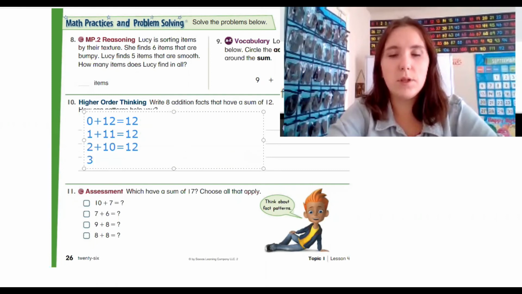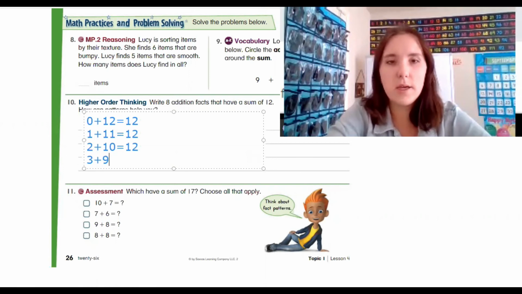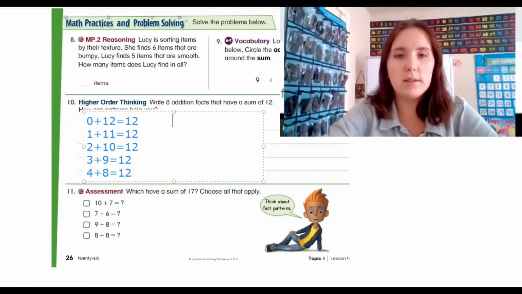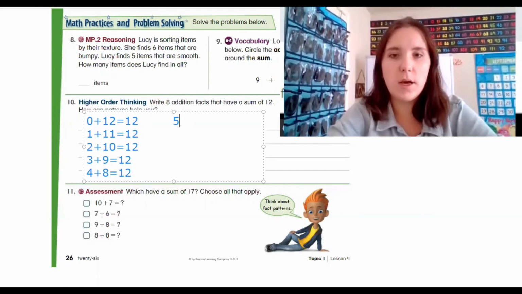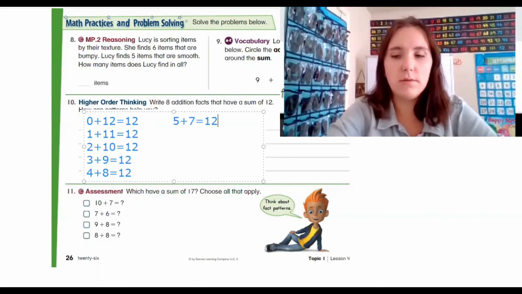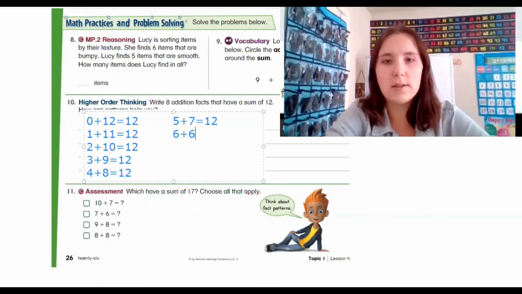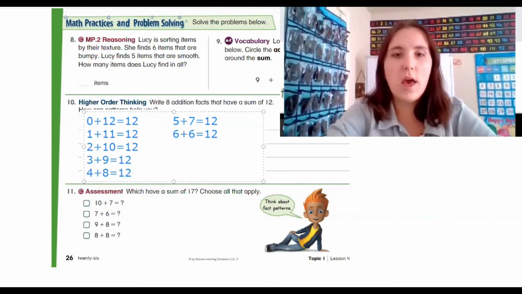And 3 plus 9 equals 12. And 4 plus 8 equals 12. And then, let's see, I know 5 plus 7 equals 12. I know 6 plus 6 equals 12.